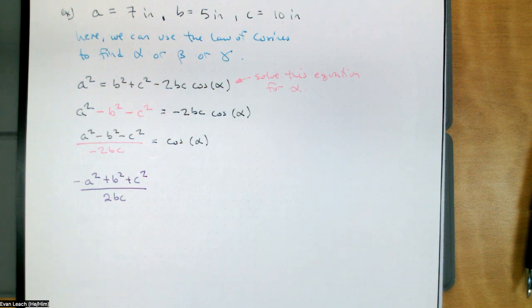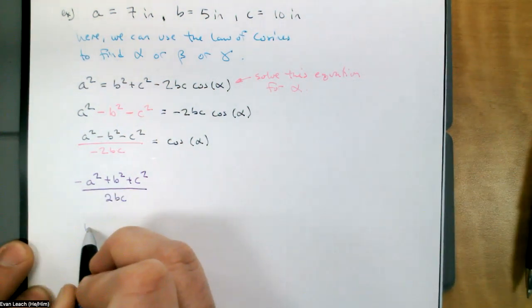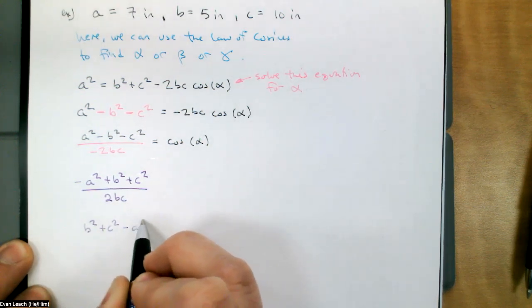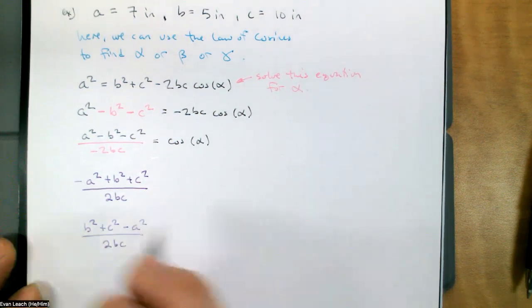Yeah, multiplying top and bottom by negative 1. And then what we're going to do is rewrite this, so it says b squared plus c squared minus a squared all over 2bc.